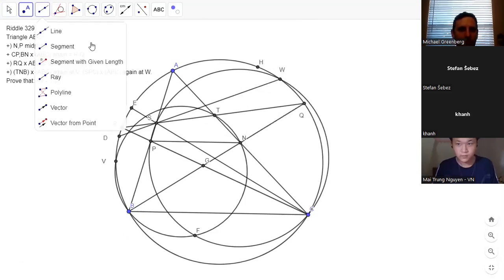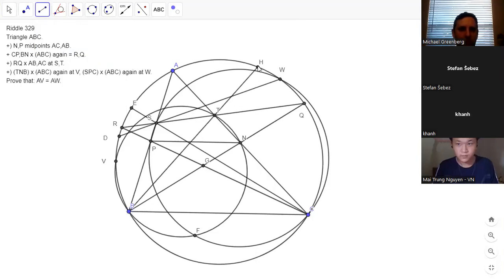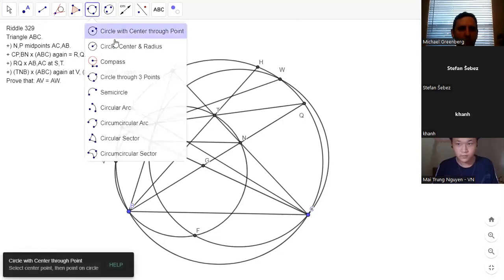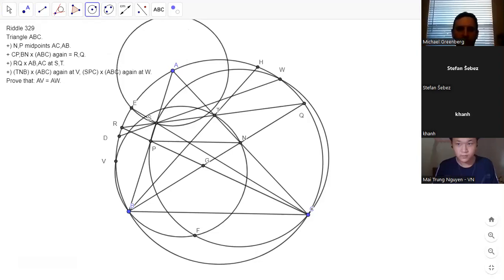So we have two harmonic quadrilaterals, and we want to show a side of one of them is equal to a side of another. Yeah, we just have to project through the right point, I guess.